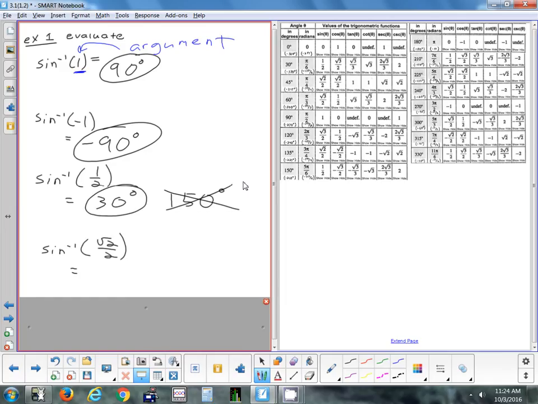Okay, next one. This time I'm not going to write it down if we see more than one answer that works. We'll say both of them, and then I'll ask you which is the one that we want. So how about Eric? Can you tell me what angle would be the answer to inverse sine root 2 over 2? Actually, just give me one of the angles, because there's a couple.